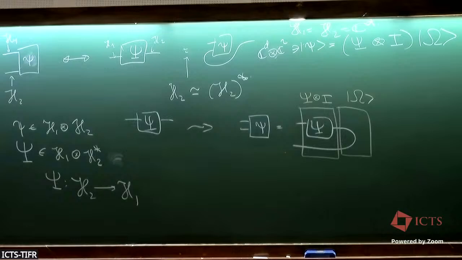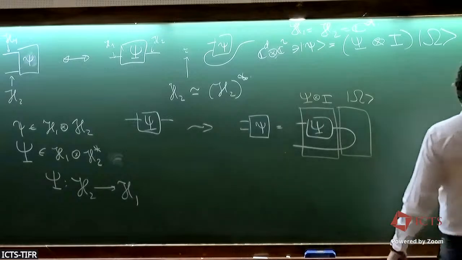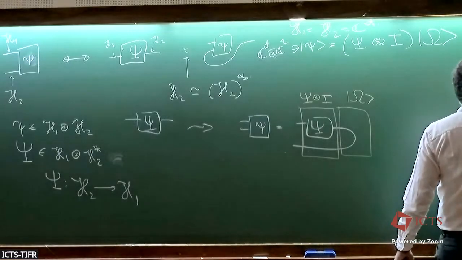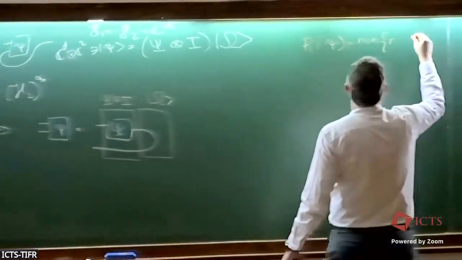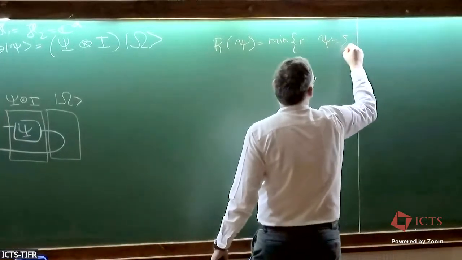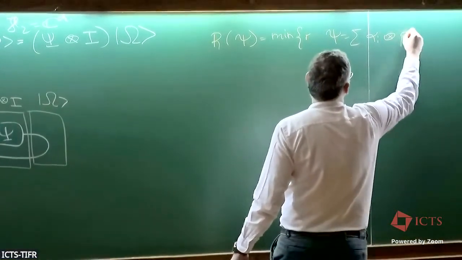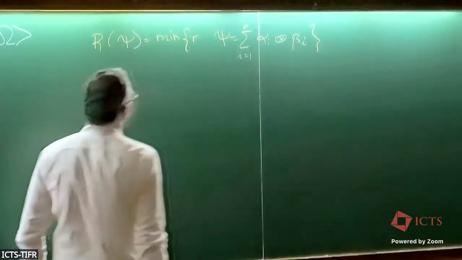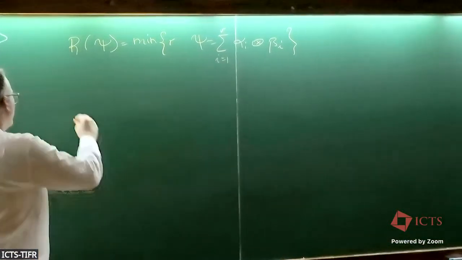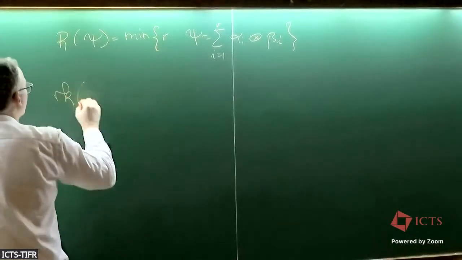Think about this rank, right? The rank of the tensor is the minimum number R such that I can write psi as a sum, let's say, of alpha_i tensor beta_i. But what I'm claiming is that this is nothing but the usual rank of the matrix capital Psi.